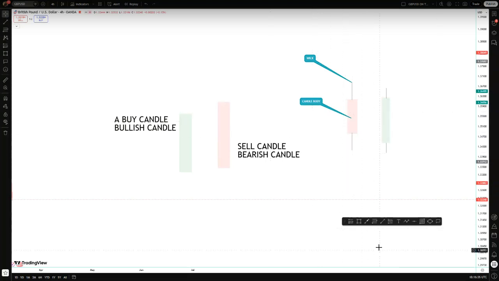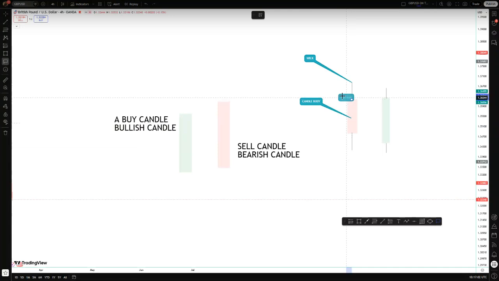Now, this whole thing here, this red here, is called the candlestick body, while this line is called the wick. Outside this, we also have an open and a close. For the open and close, it depends on the kind of candle it is.